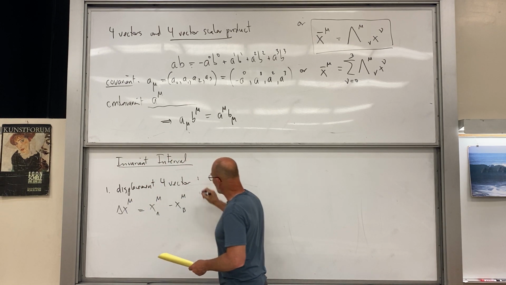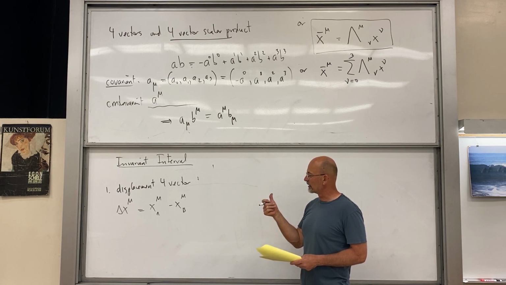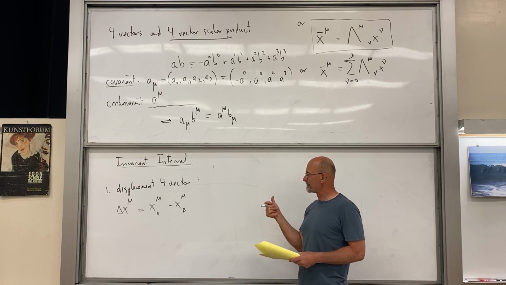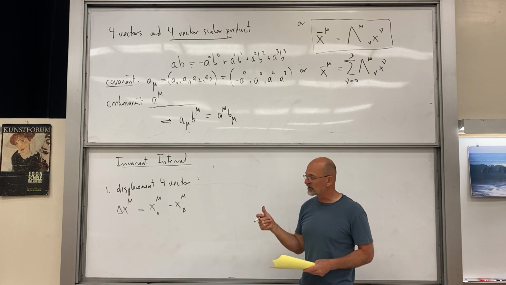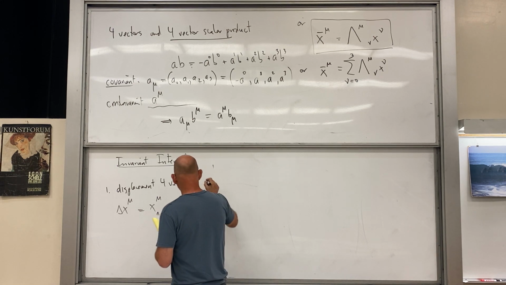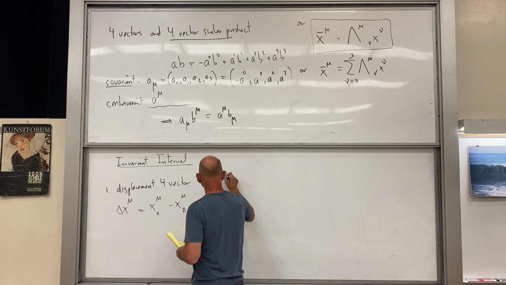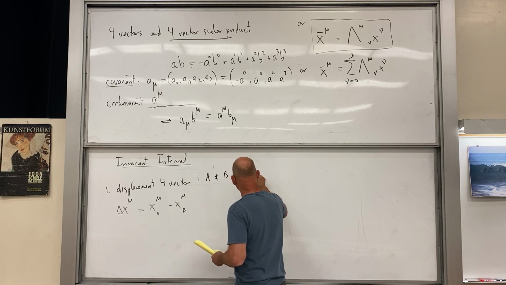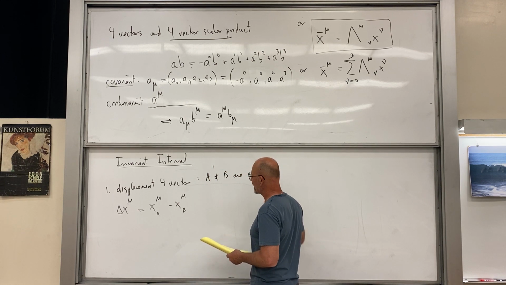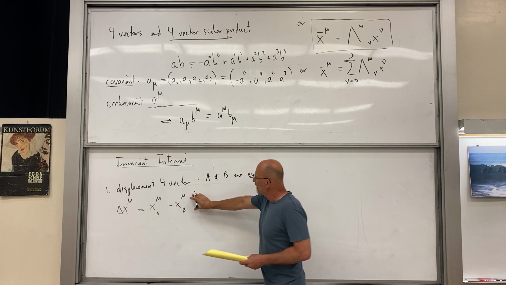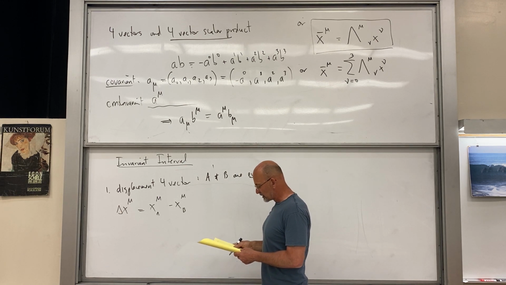So a and b are events, characterized by a time and a position. So there's the displacement 4 vector.